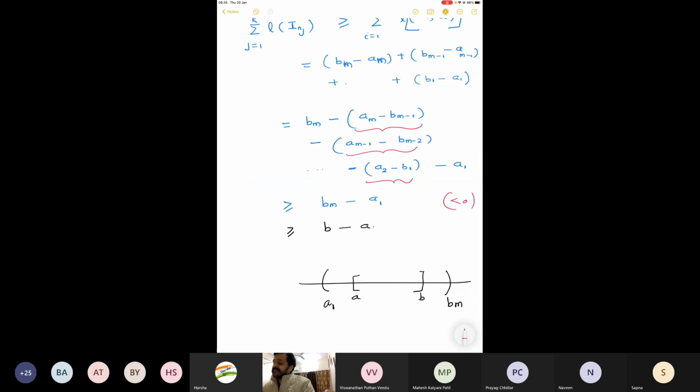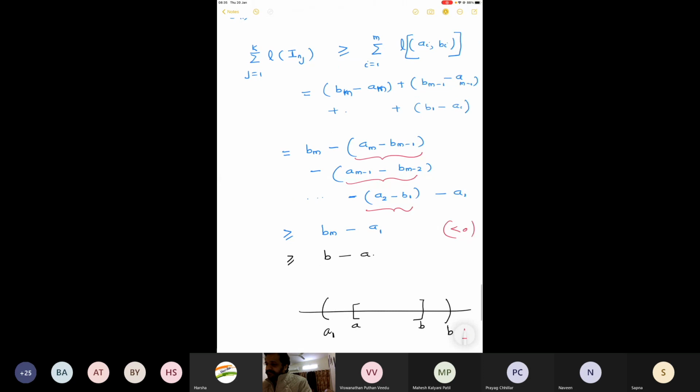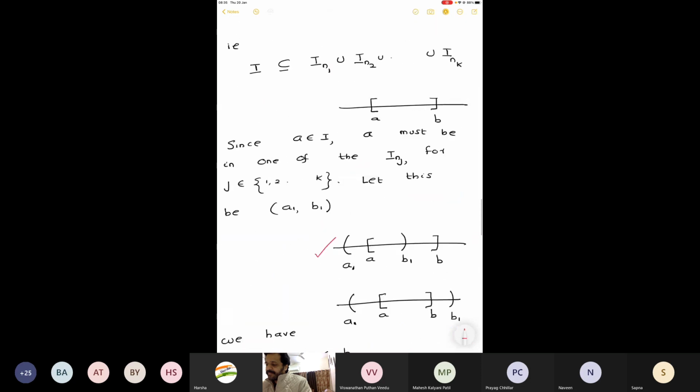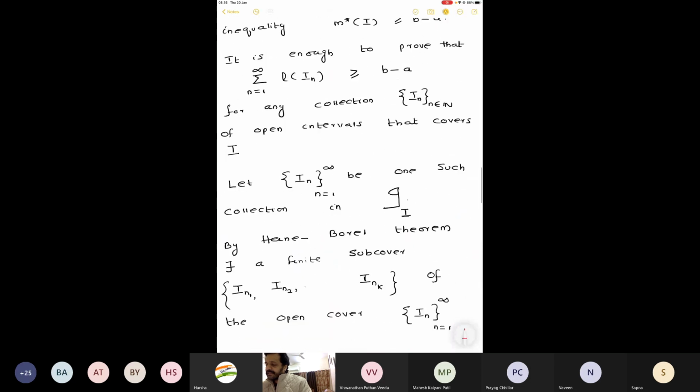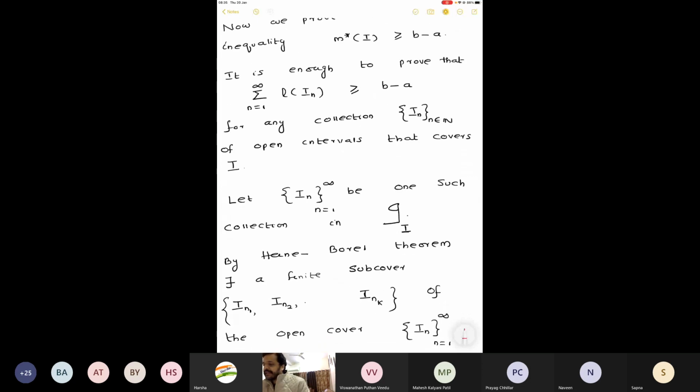That's why I am trying to ask you again and again. Can you see that from this? Can you see that the length of I is greater than or equal to B minus A? Yes or no? It is enough to prove that the summation of the lengths of I_n is greater than or equal to B minus A.